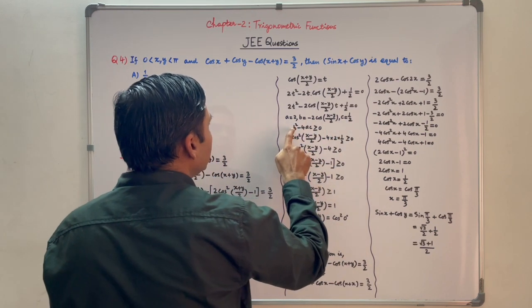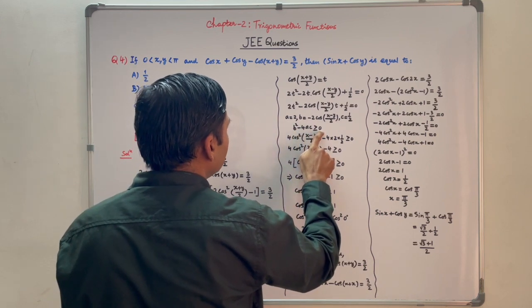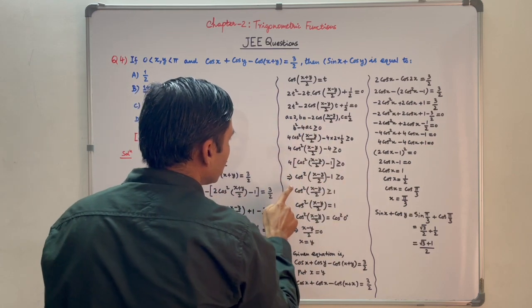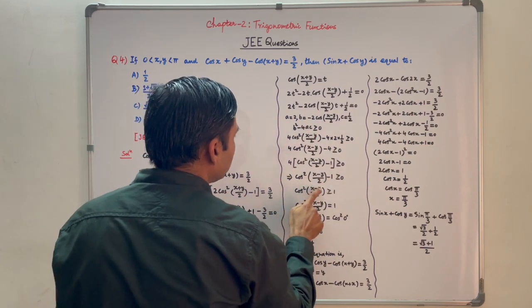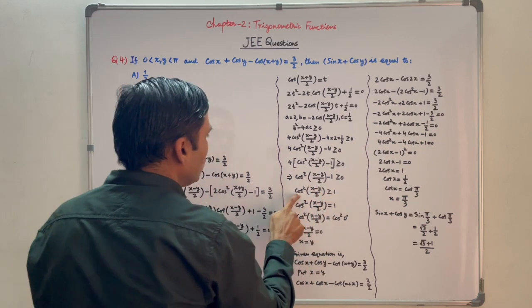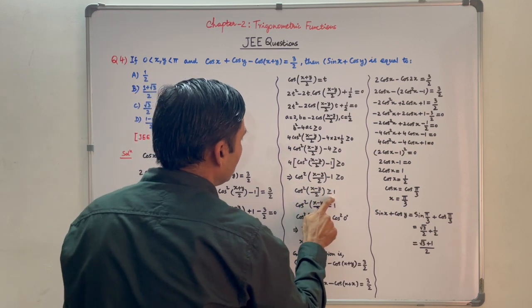Now the discriminant b square minus 4ac should be greater than or equal to 0. Putting the values of a, b and c, it comes out to be cos square ((x minus y) by 2) is greater than or equal to 1. The value of cos cannot be greater than 1, so it has to be equal to 1.